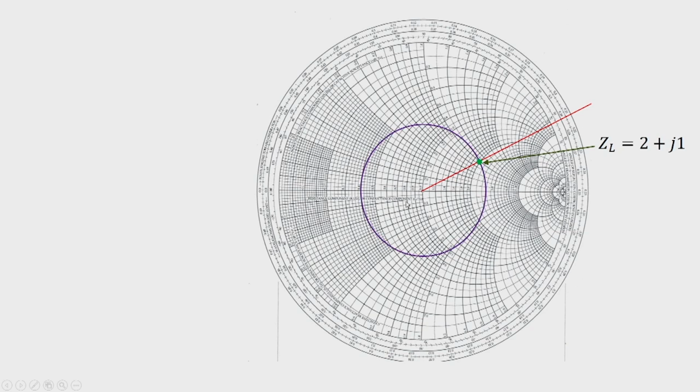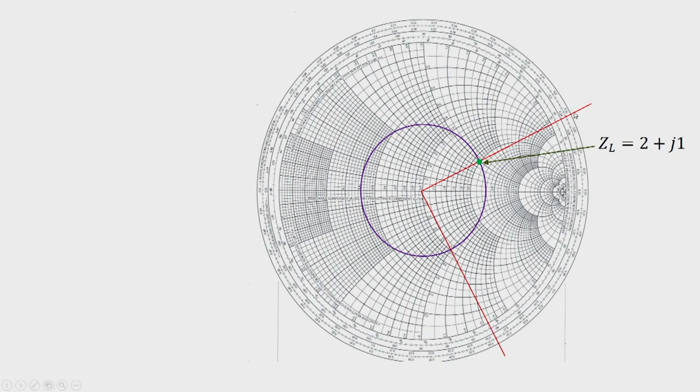Also, we draw the constant VSWR circle, and we find that as we move from the load over this VSWR circle towards the generator, for the first time we intersect R equal to 1 circle at this point, and we pass a line through this point.